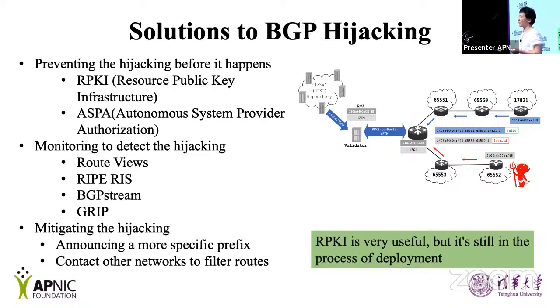Here, I mainly focus on how to detect BGP prefix hijacking based on the routing information from multiple vantage points. After a hijacking event is detected, some mitigating solutions are adopted, such as announcing a more specific prefix or contacting other networks to filter the routes.